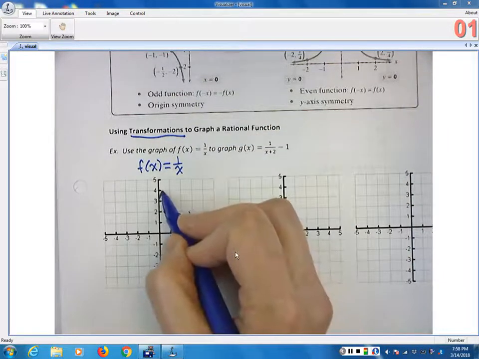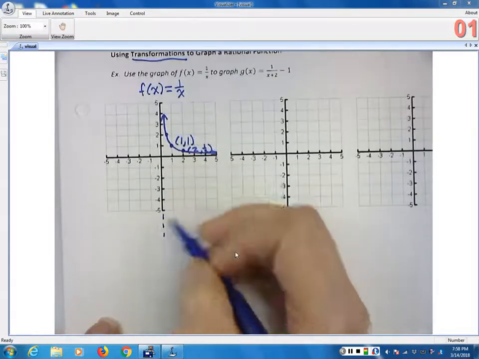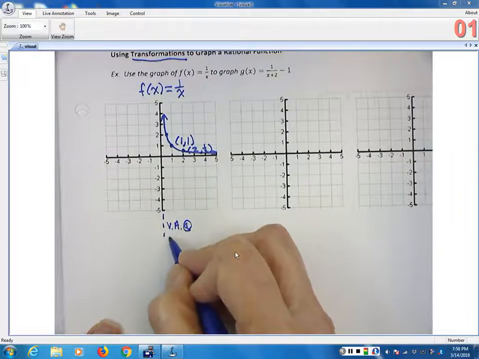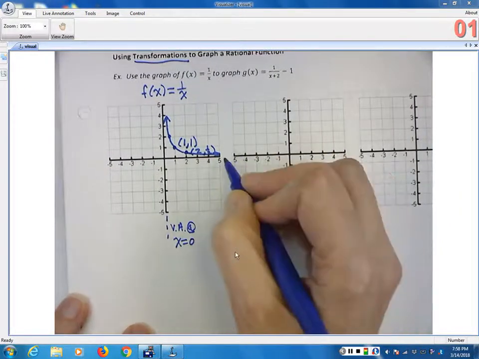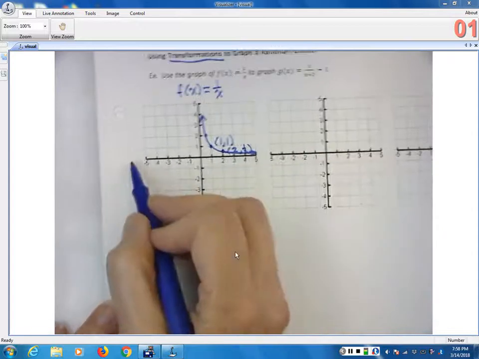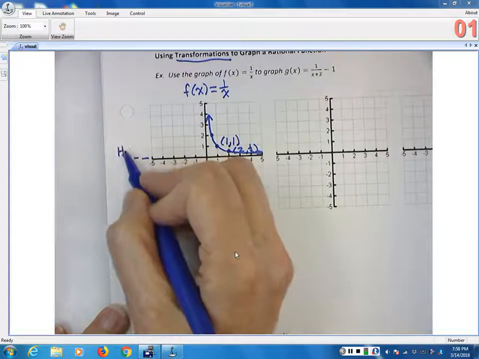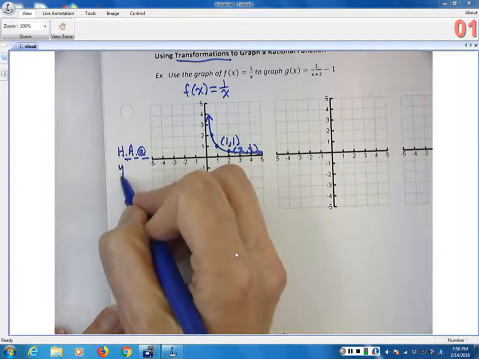It's like that. It has a vertical asymptote at x equals 0. It has a horizontal asymptote. I'll mark it over here. HA at y equals 0.